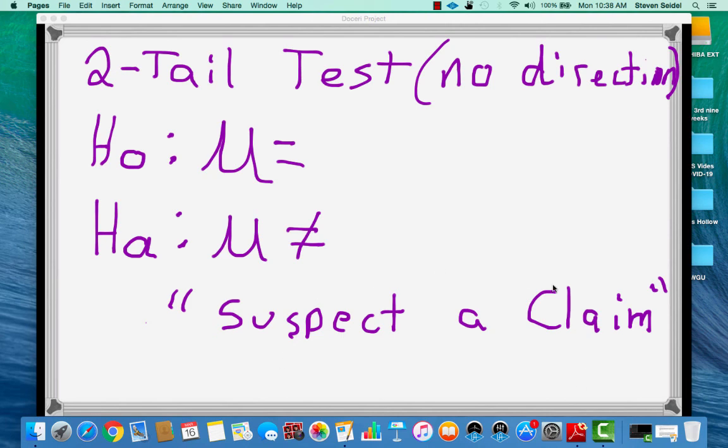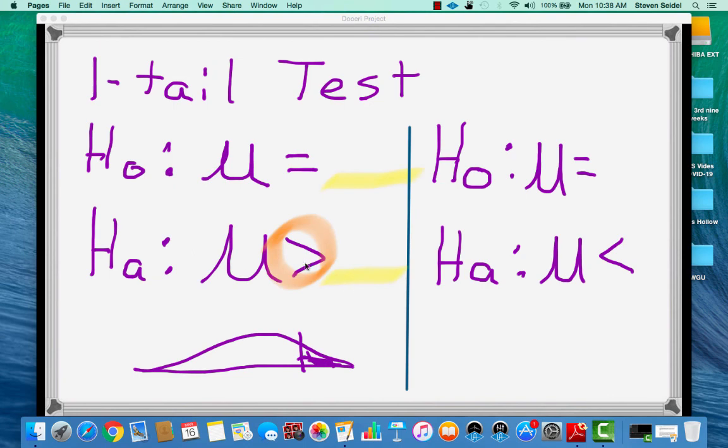You just suspect a claim. There's no direction. What I mean by no direction is it doesn't say less than or more than. If it says greater than, you have a one-tail test. If it says less than, you have a one-tail test. That's what those will look like.